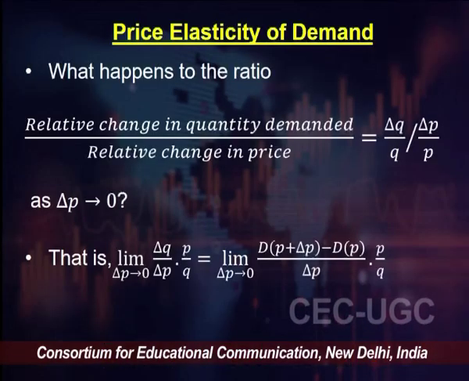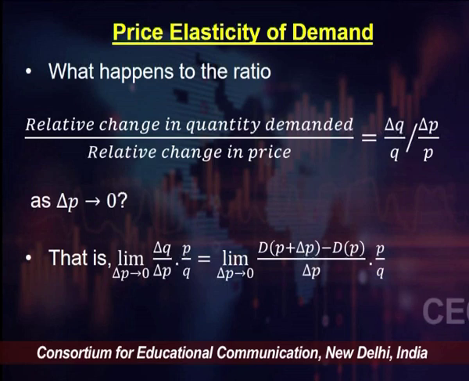Now the question is, we have so far expressed the price elasticity of demand as the ratio of the relative change in quantity demanded and the relative change in price, that's delta Q by Q divided by delta P by P. Can we arrive at a measure of price elasticity of demand which is independent of the size of the change in price?